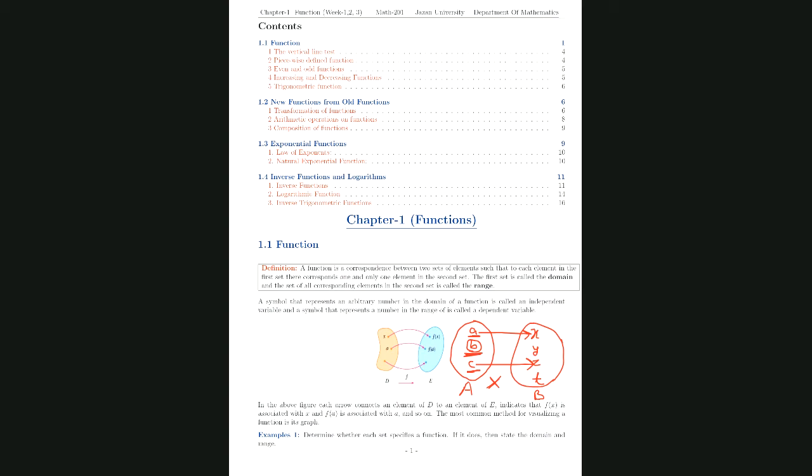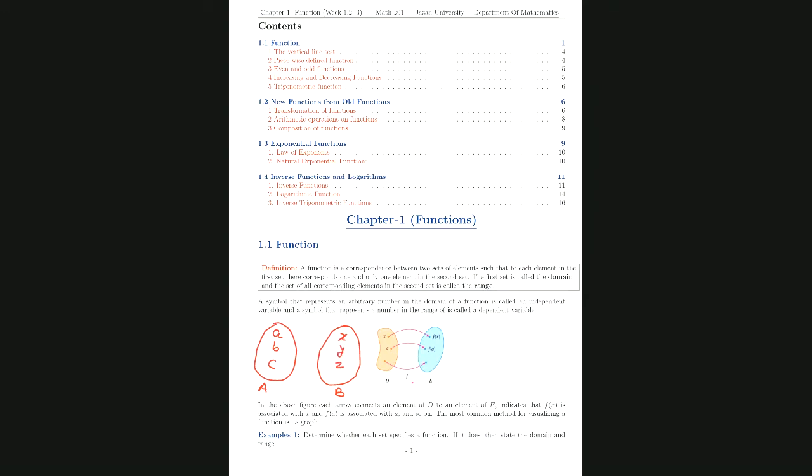See another example. Here is set A and this is set B. I am taking A, B, and C, and here X, Y, Z, and suppose T. Now look here, all inputs are connected. That is number one.